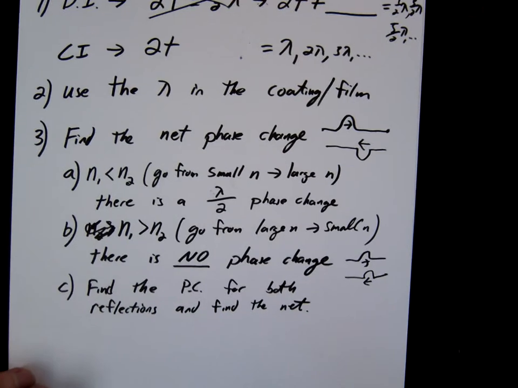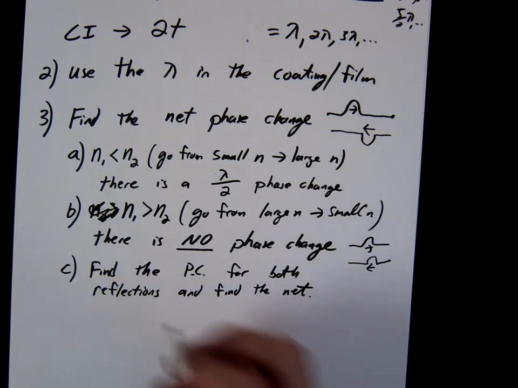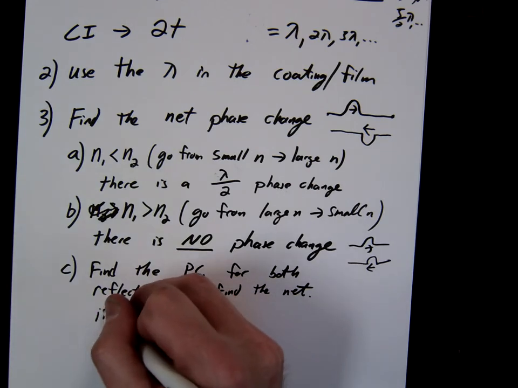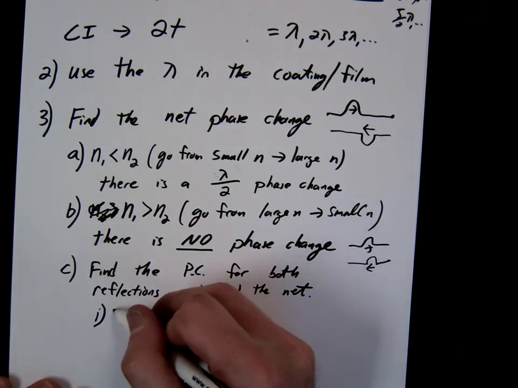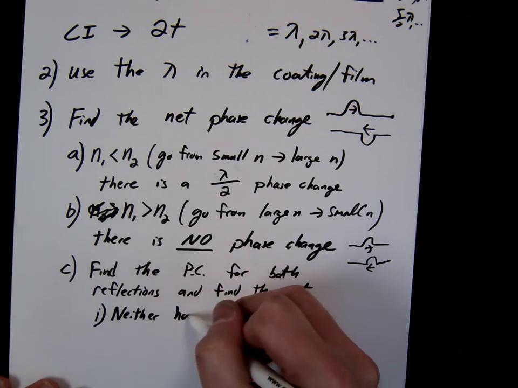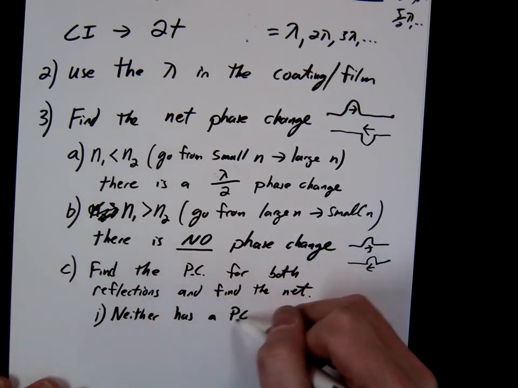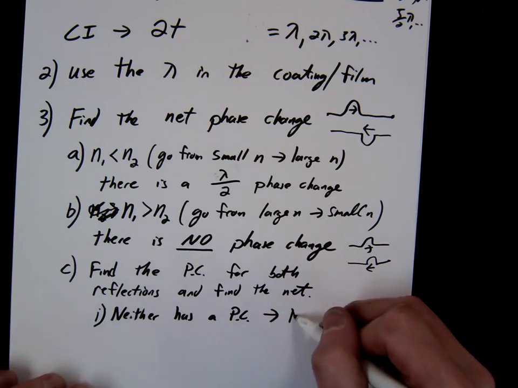So there's only 3 possibilities of what could happen. Possibility number 1 is there's no phase change on both. What's the net then? 0. Or you can have a phase change on both, and then the net phase change, PC net, equals 0.